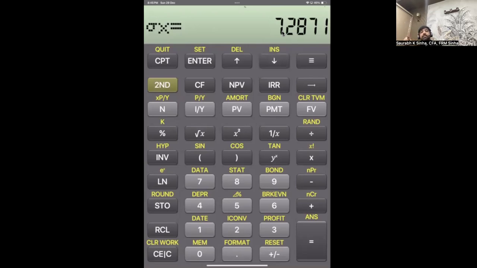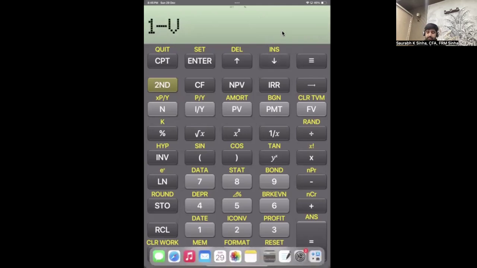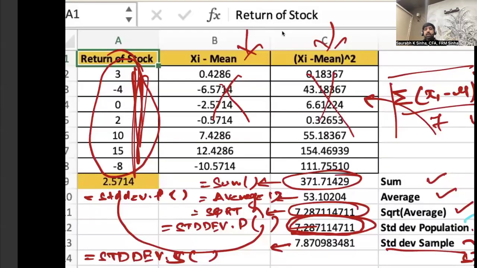This is the standard deviation of the population, assuming that the data is the entire set of the entity. So the return data is the entire return set of the entity. Okay, so you got the standard deviation. Definitely we have other information provided, but it's not of our use for the time being.